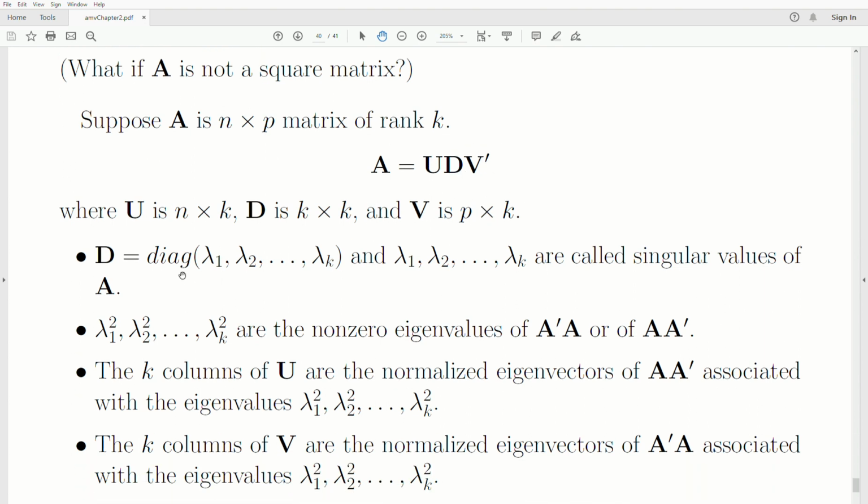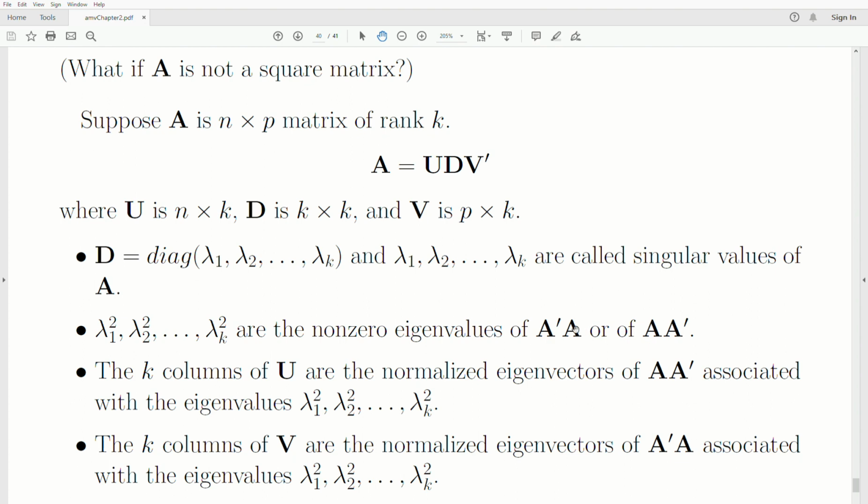But D is a diagonal matrix with values lambda 1 through lambda k. Now don't get these confused with the spectral decomp. These are different. They're called the singular values of A. And they're really the square root of the non-zero eigenvalues of A transpose A or of A A transpose. These actually produce the same eigenvalues.